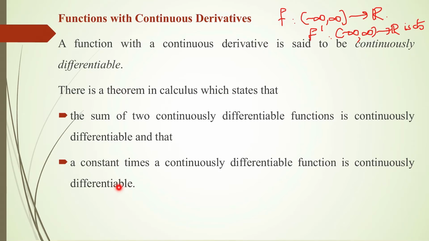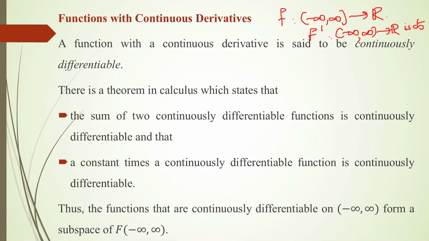So what we have is, if we take the collection of all continuously differentiable functions, it is closed under vector addition and it is closed under scalar multiplication.